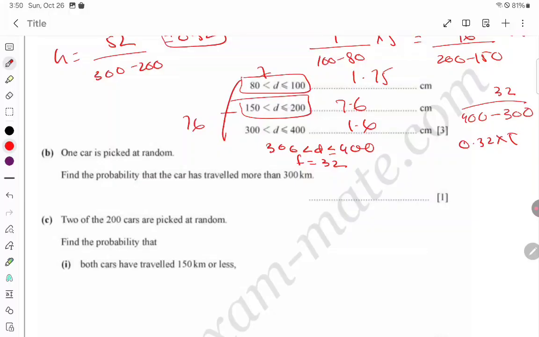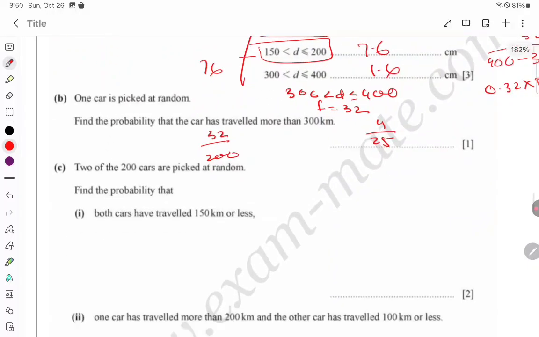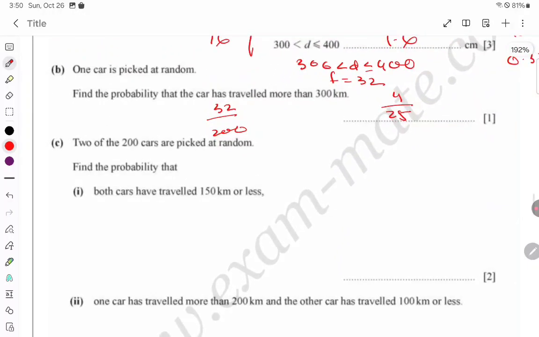We are using that column. By that, 32 over 200, which is the total, will give you the answer of 4 over 25.